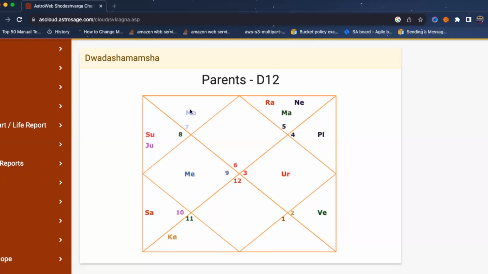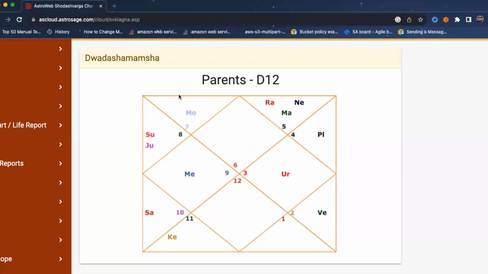Now the third house represents your communication with your parents. It also represents how parents take care of the person, and can be seen from the third house of the D12 chart. The deity for the third house is Yama, the god of death.